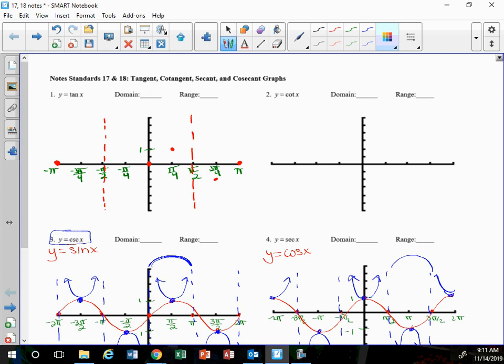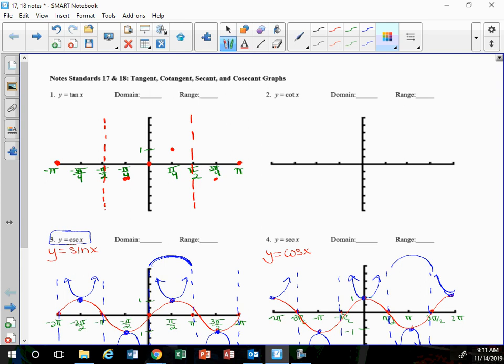So negative pi over 4, guys, what quadrant is that in? Remember, that means go backwards. So negative pi over 4, where is it? 4th quadrant, right? So is that positive 1 or negative 1? Negative. Okay, so that's down here. Remember, negative, you go backwards.